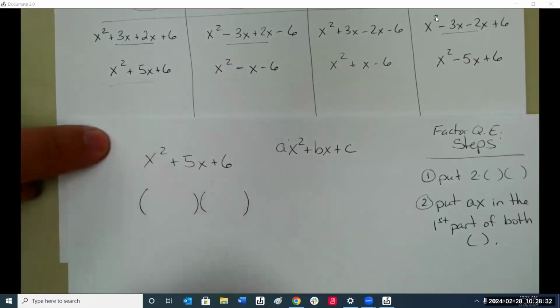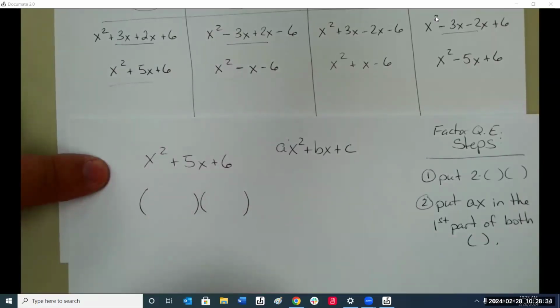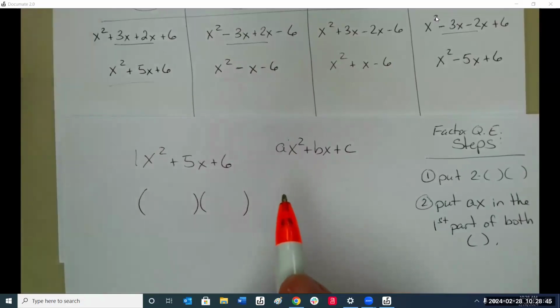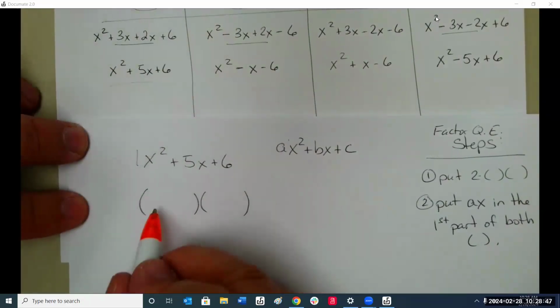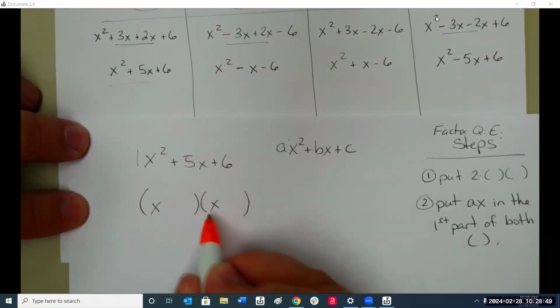So what is my a in the first one? What's a? 1. A, B, and C are numbers. There are no x's in A, B, and C, only numbers. So I put x and x here, 1x and 1x.